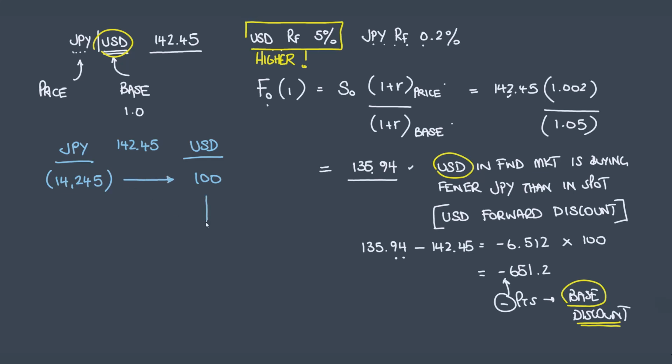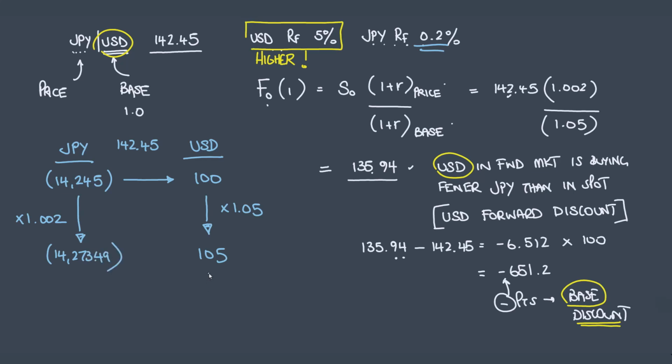Now let's say I invest those US dollars at the US interest rate of 5%. I would have $105. The downside, my yen loan will grow at 0.2%, 1.002, and be worth 14,273.49 at the end of the period.